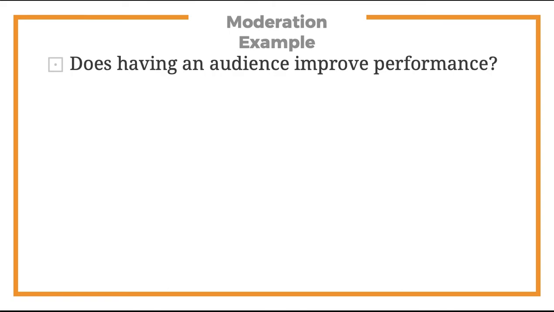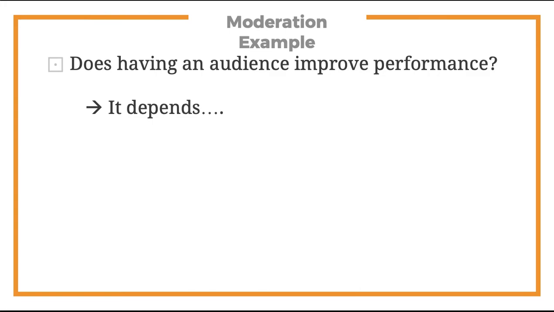Okay, so I told you on the previous slide that a moderation variable is an it depends variable. So when asking this question, does having an audience improve performance? The answer is really, it depends, right? For some individuals or for some situations, we might see an audience improve performance.